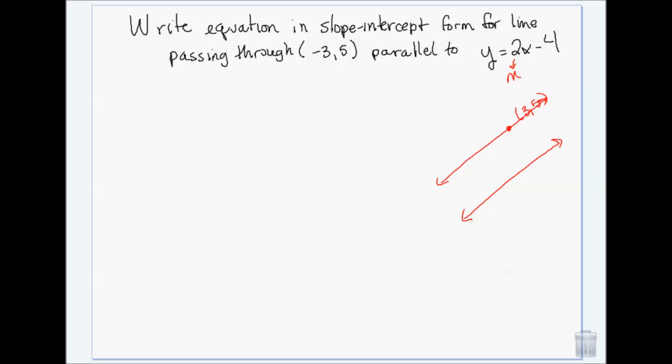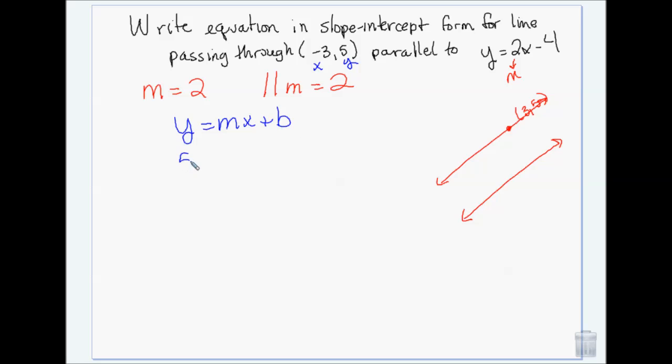So, we have a point and we have a slope. If m is 2, well, parallel m is also 2, right? Because parallels have identical slope. And then we have x and y. We have our formula.